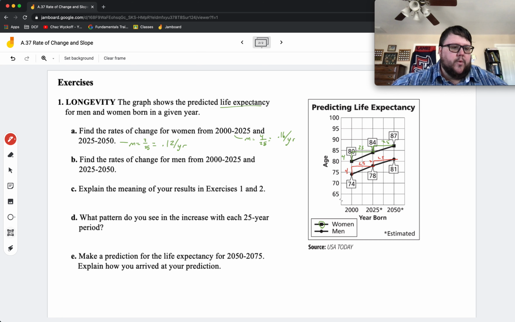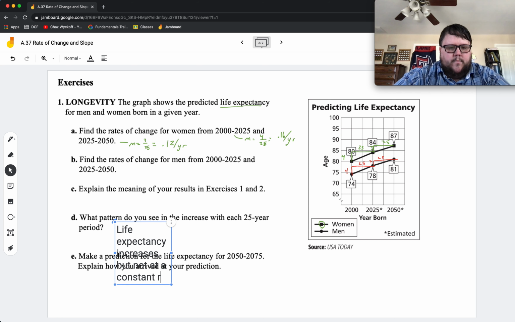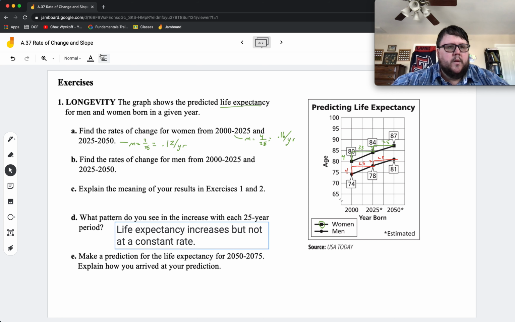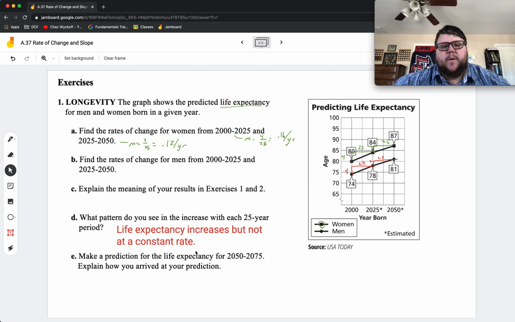So I'll actually write that in here, put it in red. So for D, it was life expectancy increases, but not at a constant rate. And I'll put in the answer for C as well.